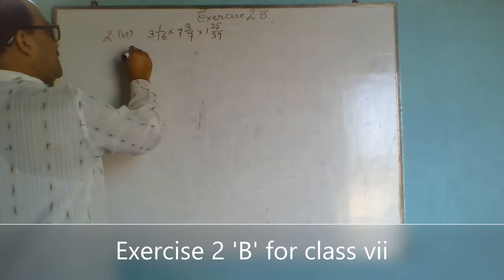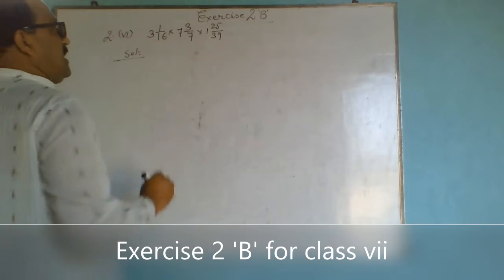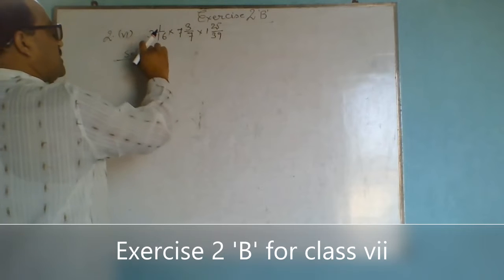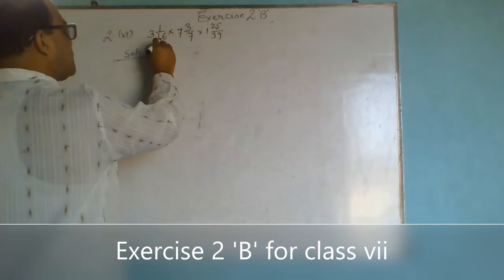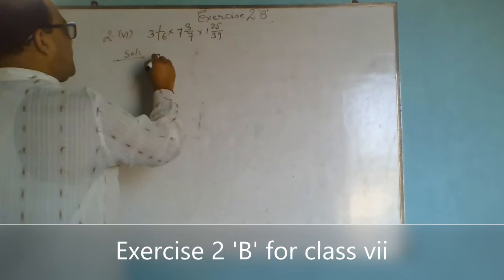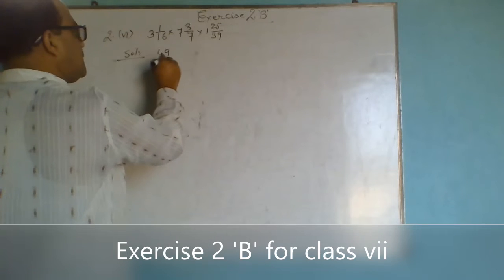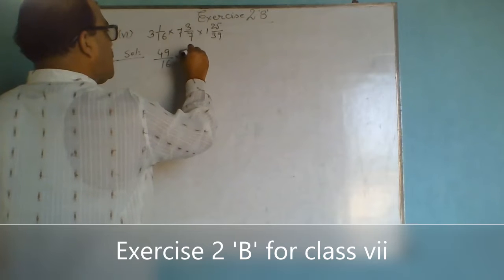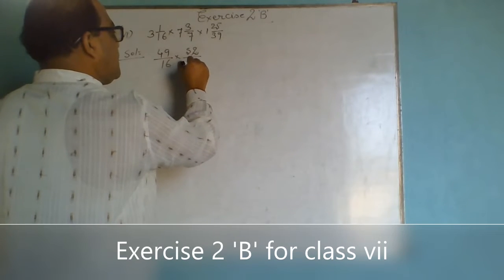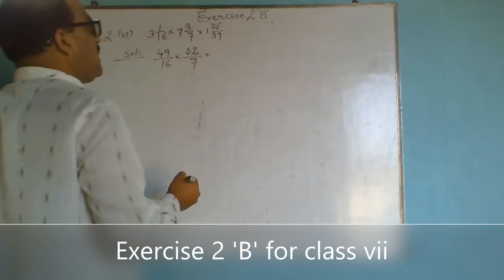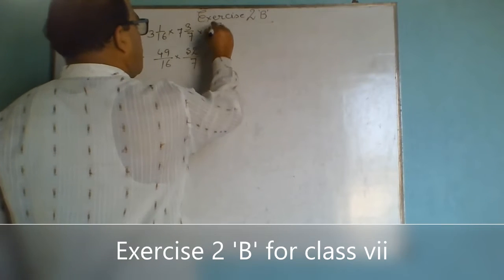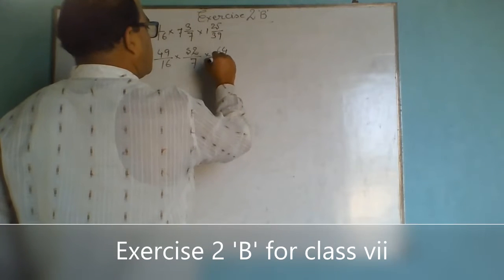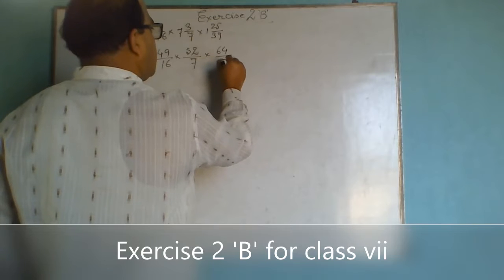The given question is 3 whole 1 by 16. The mixed fractions we will make into improper fractions. So 16 threes are 48, plus 1, 49 by 16 into 7 sevens are 49 plus 3, 52, 52 by 7 into 39, 1 thirty-nine plus 25, 64 by 39.